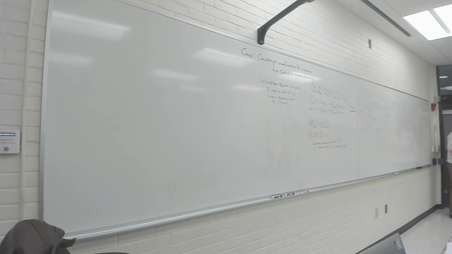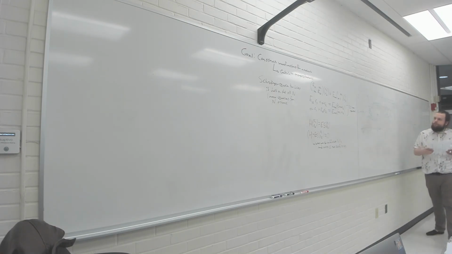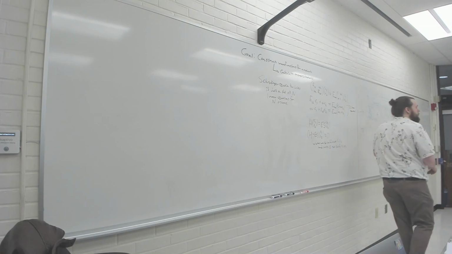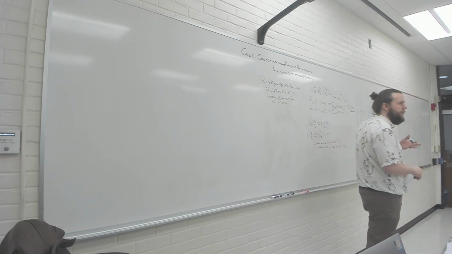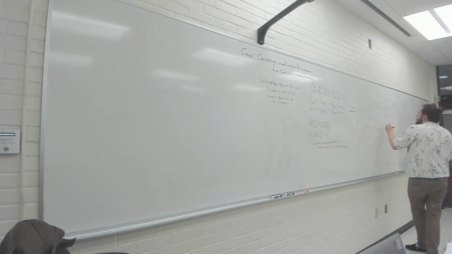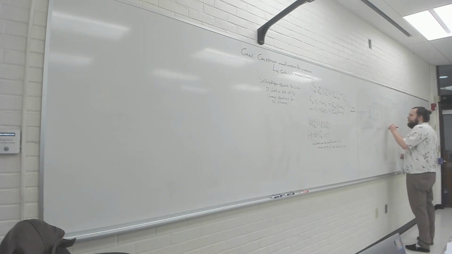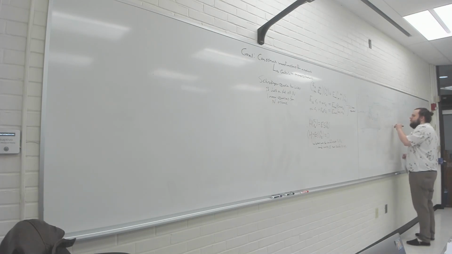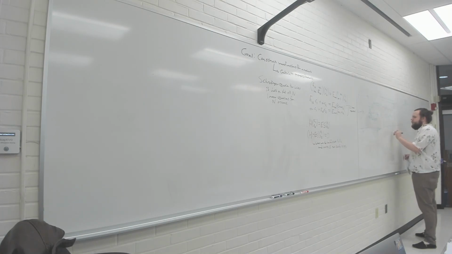Okay. In general, when you add any two atomic orbitals together, you're going to get a bonding orbital and an antibonding orbital. But how bonding they are depends on that extra term, the H12 term plus or minus the S12 term.